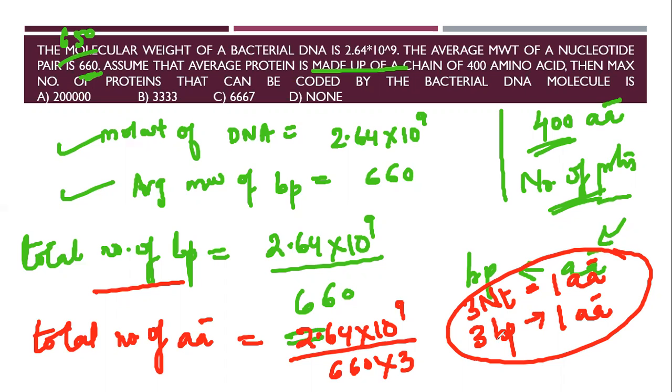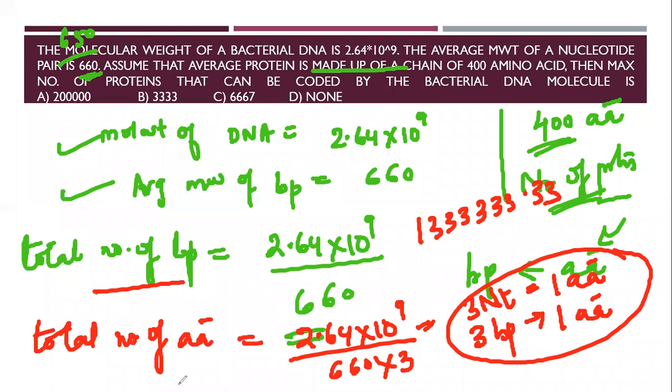So it means 7 zeros will be there. Divided by 660, then again divided by 3. So I am getting around 13333.